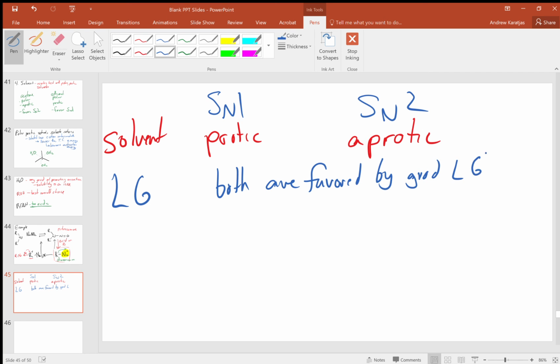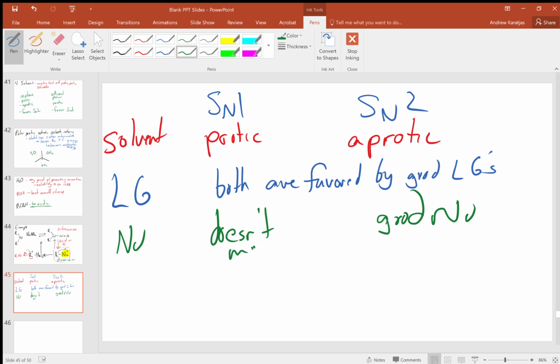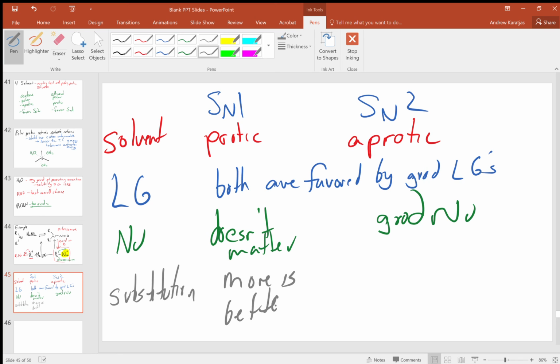Both are favored by good leaving groups. Nucleophiles: SN2 wants a good nucleophile. For SN1, it doesn't matter. And for substitution, for SN1, more substitution is better. And for SN2, less substitution is better.